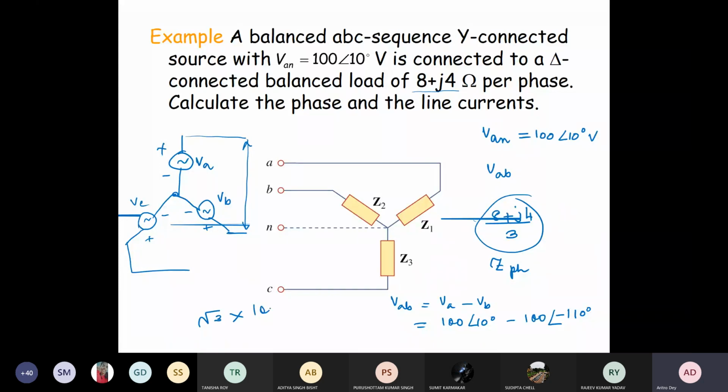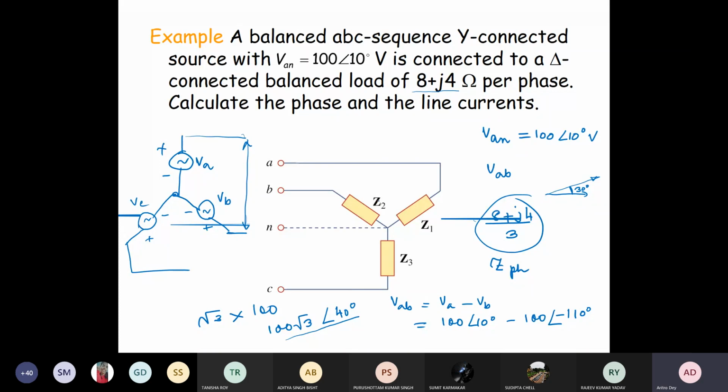For the angle, if VA is in phase, then it will be leading, so you just take a 30-degree addition. The value will be 100 root 3 angle 10 plus 30, so 40 degrees. This is your line voltage between A and B, which is VL.